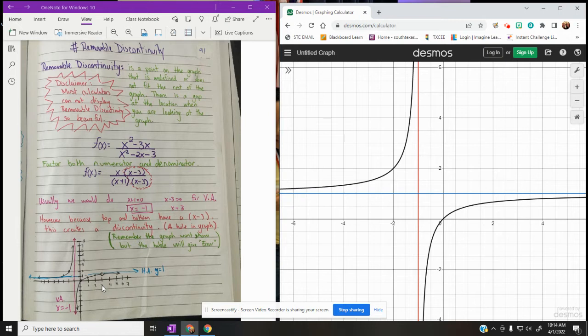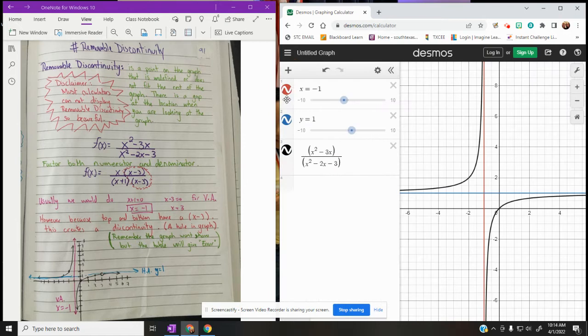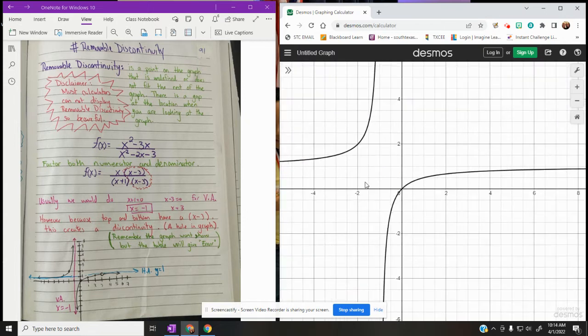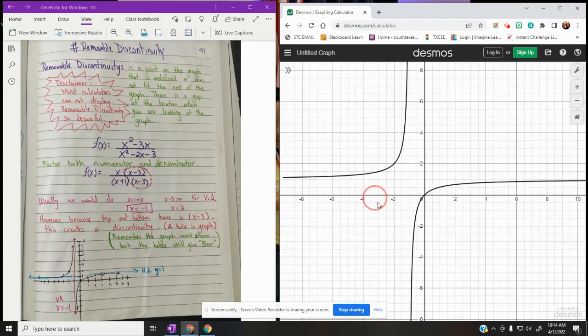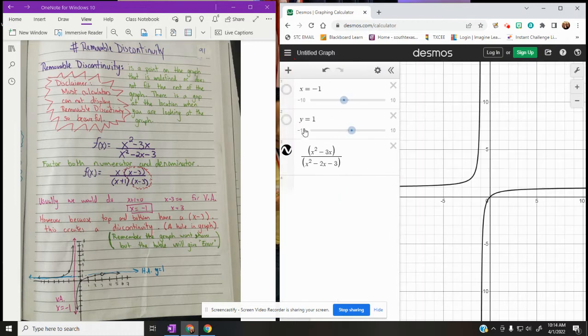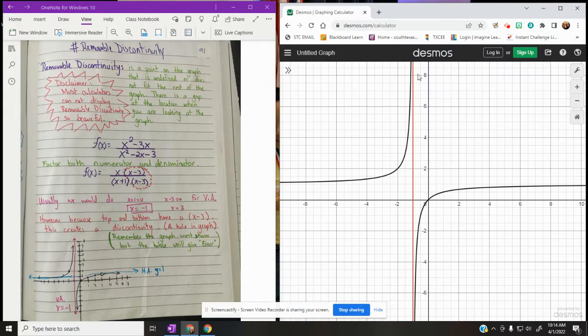What that is, we have this graph, right? So I'm gonna kind of hide the vertical and horizontal asymptotes so you guys can just see the graph. We have this graph here, right? And we know that if we set the bottom, which is the denominator, to 0, we're going to get a vertical asymptote, which will not exist in our points, right?